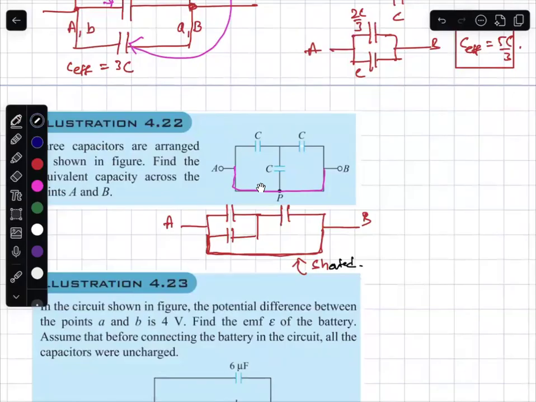So the equivalent capacitance in that case is like a conductor. The entire arrangement is a conductor, so this conductor will not store any charge. So the capacitance of the arrangement is 0.